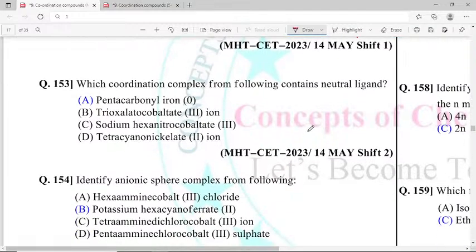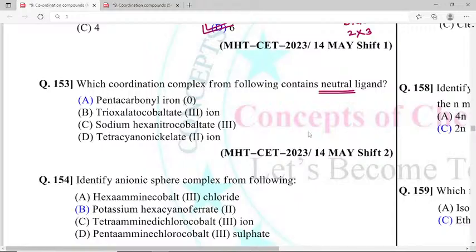Which coordination complex from the following contains a neutral ligand? Where is the neutral ligand? Neutral ligands are ammonia, water, and CO, carbon monoxide. So this is carbonyl.